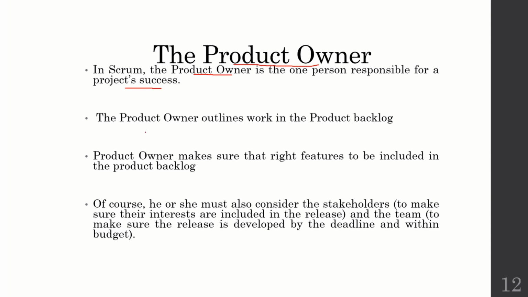And then the product owner outlines the work in the product backlog. Backlog is basically the collection of all the requirements. The product owner makes sure that the right features are included in the product backlog.